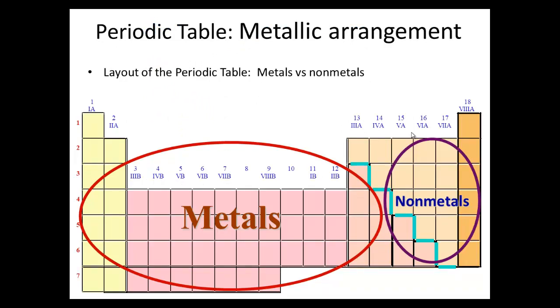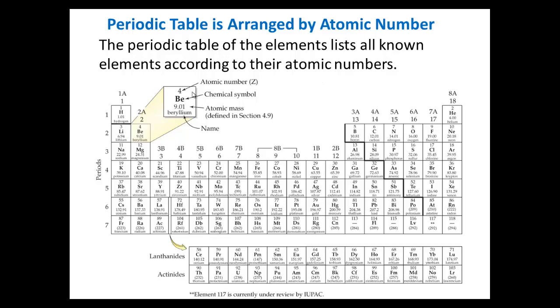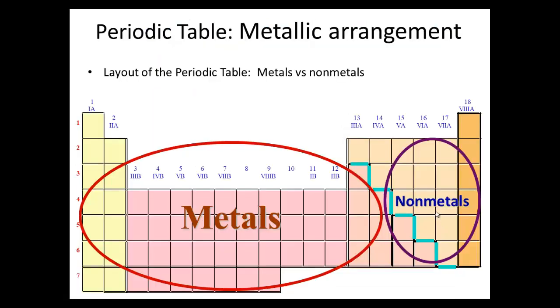The other thing that's interesting is that not only are they arranged by properties, having similar properties, by their, let me go back, by their atomic number, which also is indicative of their size, right? They keep getting bigger as you go down. What you also find is that it's also arranged by being a metal or a non-metal.